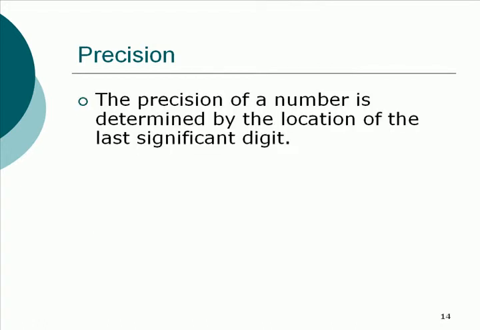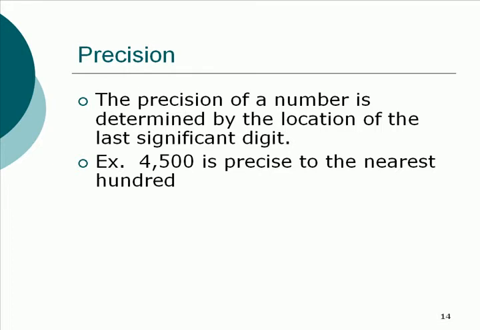The precision of a number is determined by the location of the last significant digit. For example, 4,500. It's precise to the nearest hundred. Because in the number 4,500, the last significant digit occurs in the hundreds place.